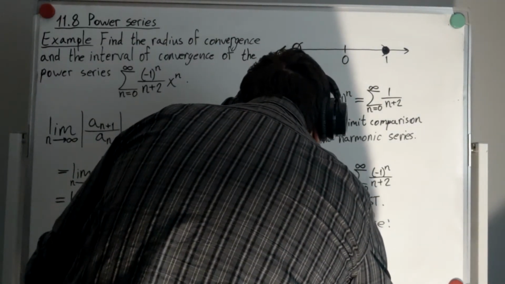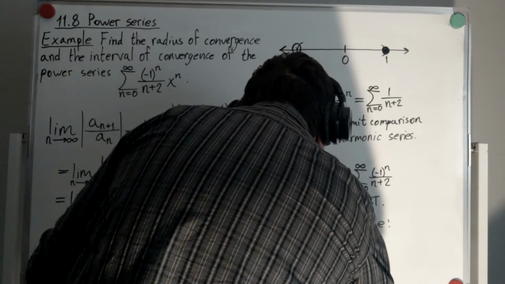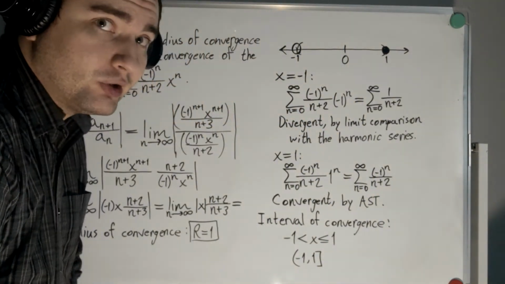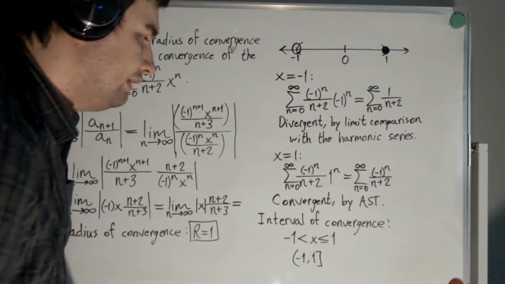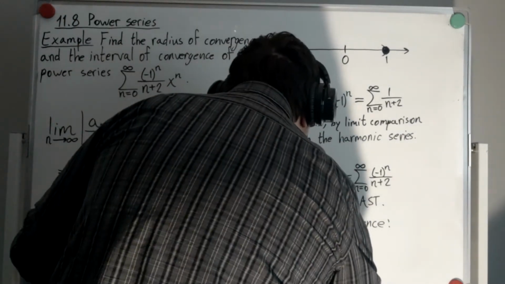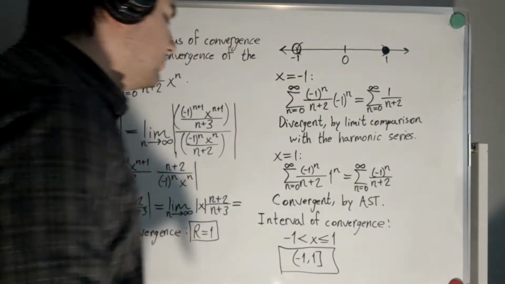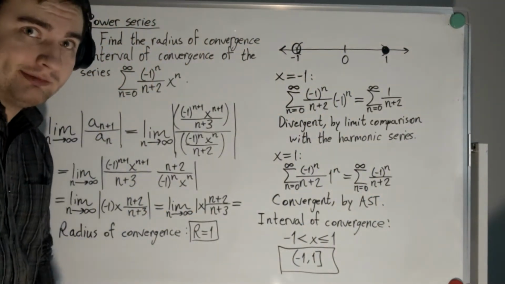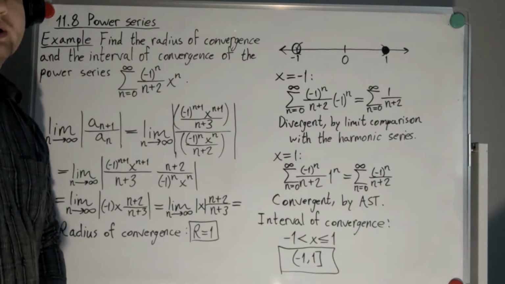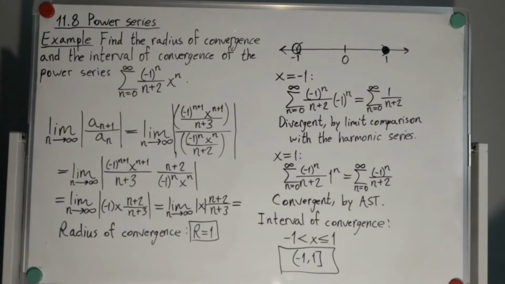In other words, it's the interval from -1 to 1, open on the left and closed on the right. Okay? And so this is our interval of convergence, or in other words, the domain of f, the power series.